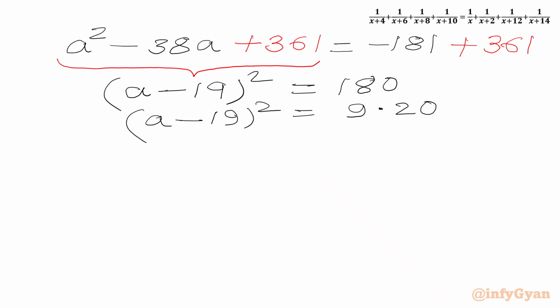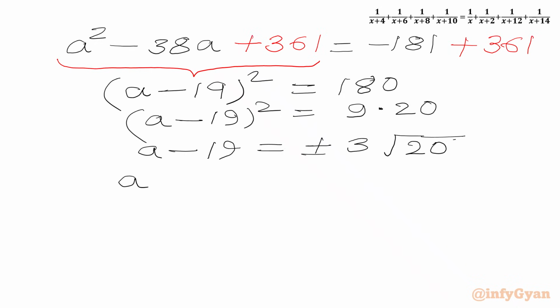Now we'll take a square root both sides. So a minus 19 will be equal to plus minus 3 square root 20. Now we have to add 19 to both sides. So a will be equal to 19 plus minus 3 times square root of 20. Now a was our substitution, u square.